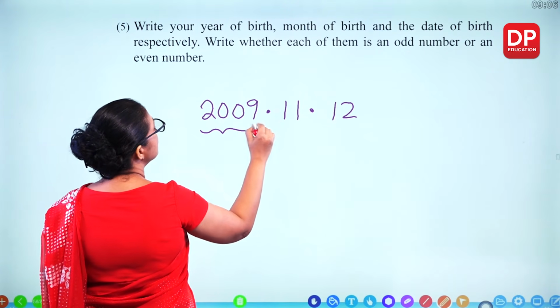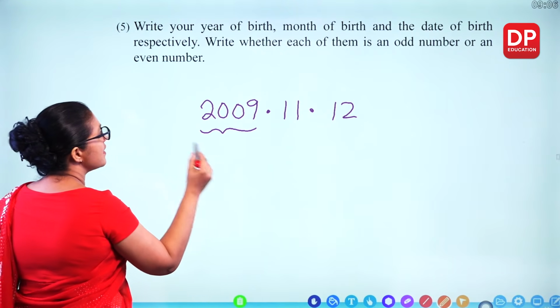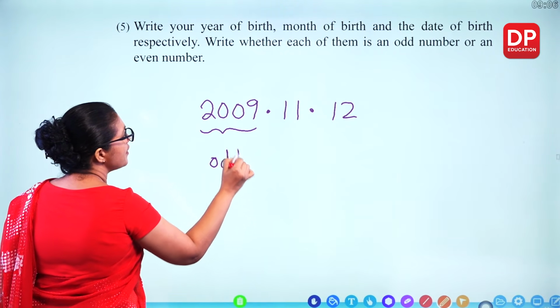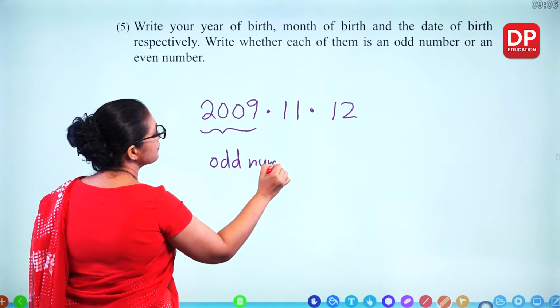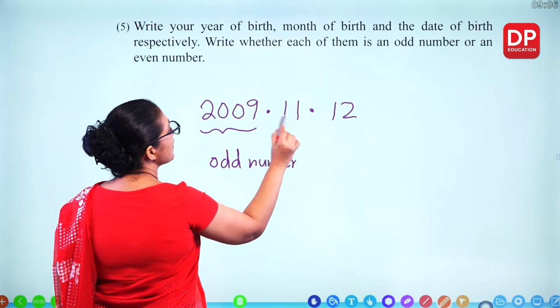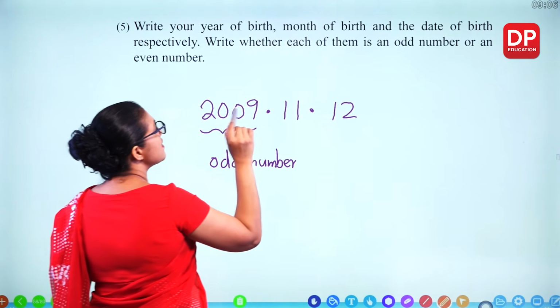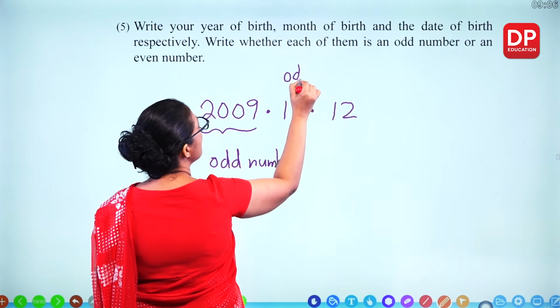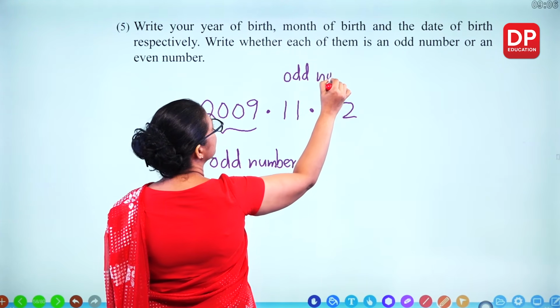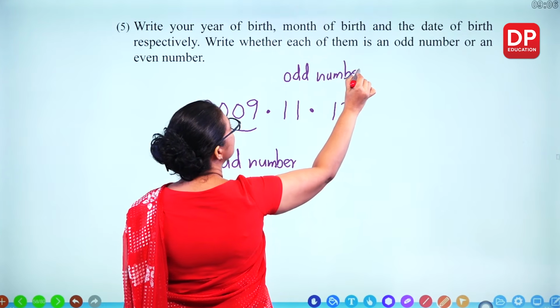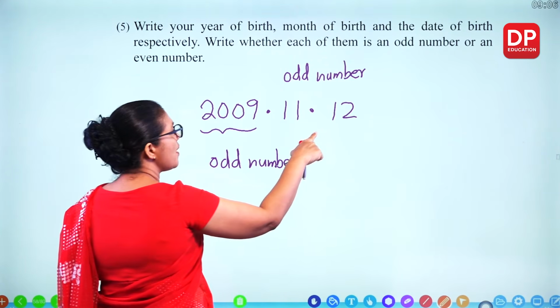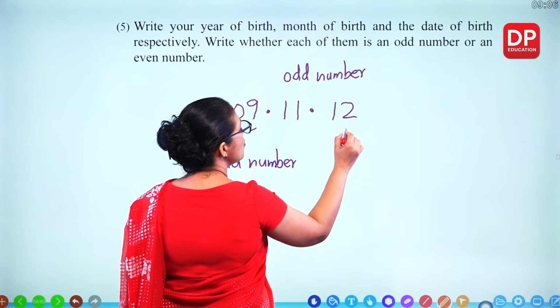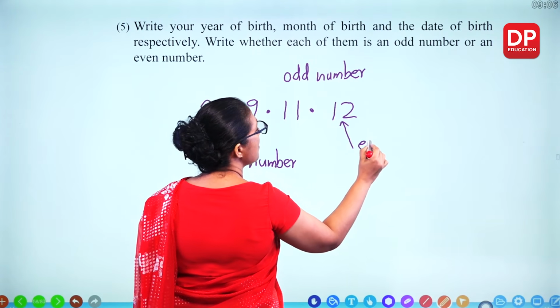Year, last digit is 9. That's an odd number. 11 means November. Last digit is 1. That's an odd number. And this is the day, 12th. Last digit is 2. That's an even number.